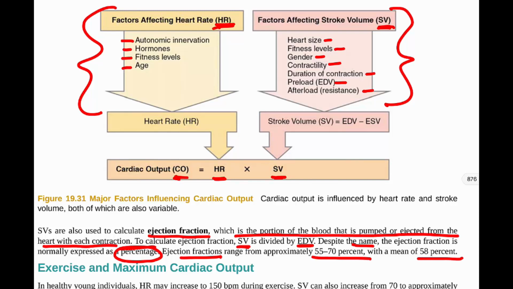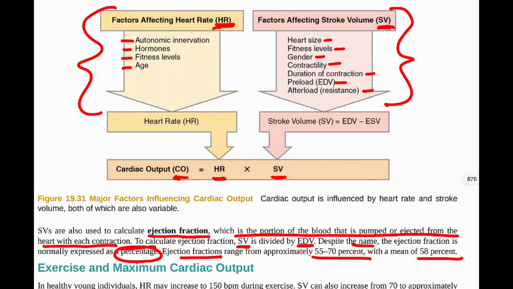Basically, rather than showing the volume of blood coming out of the heart, we're comparing the amount of blood that the ventricle can hold and what percentage of that got ejected.